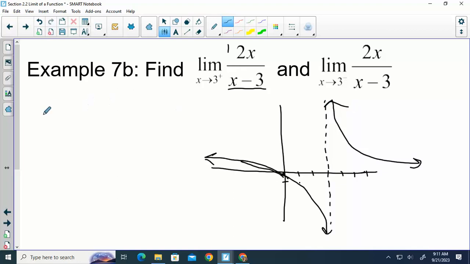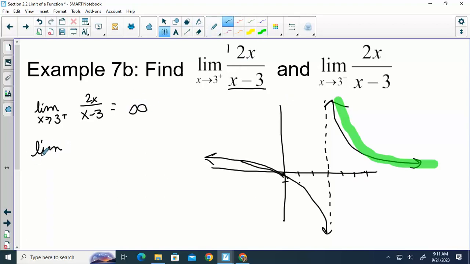Okay, so the limit as we approach 3 from the right. If you look at your graph as you're coming into 3 from the right-hand side, what's it going to?